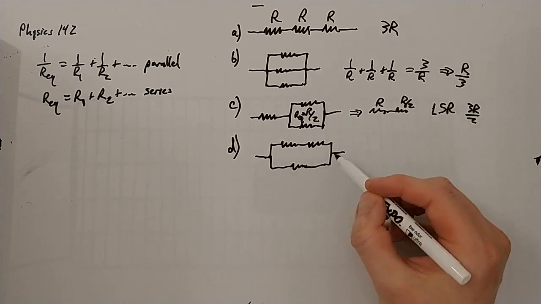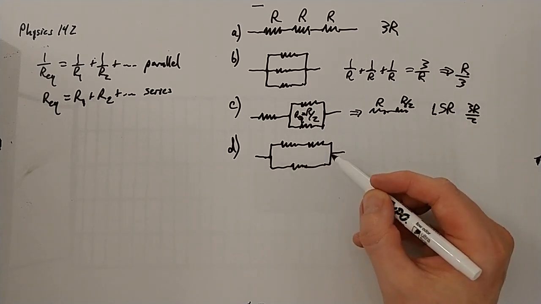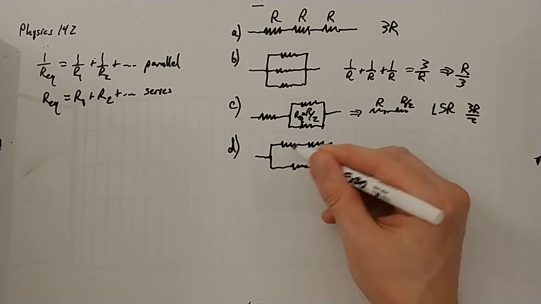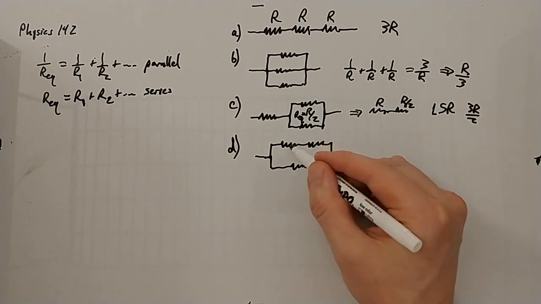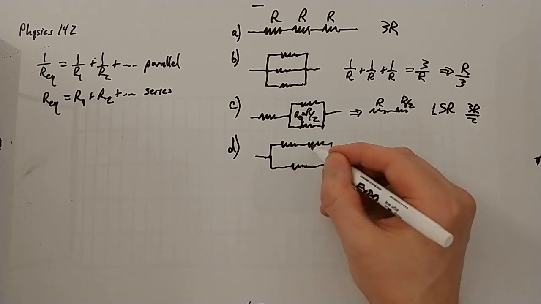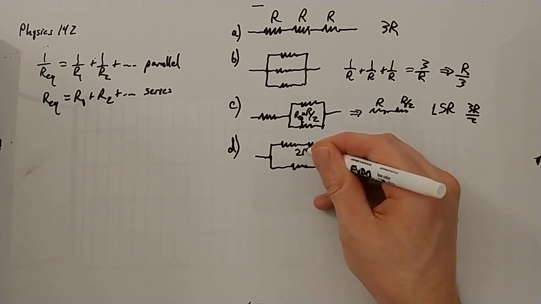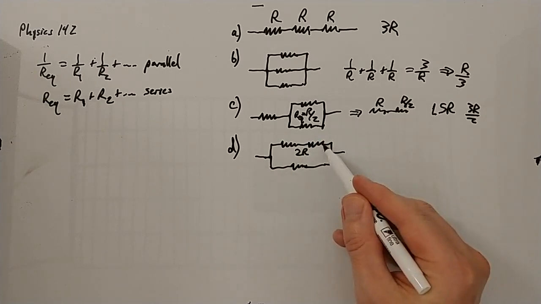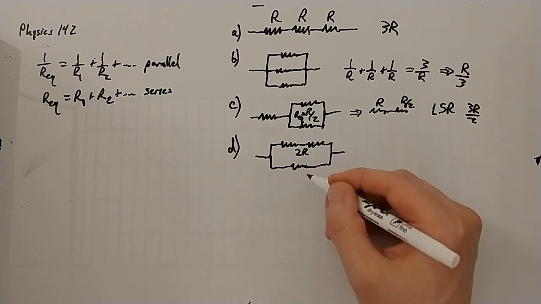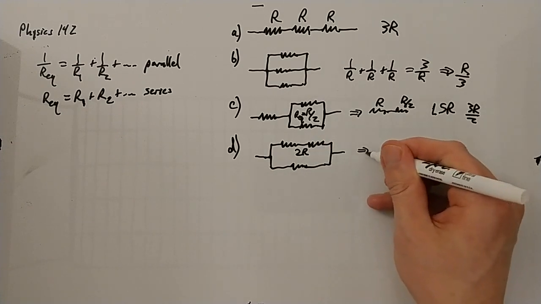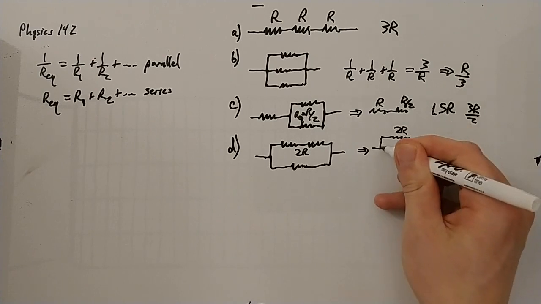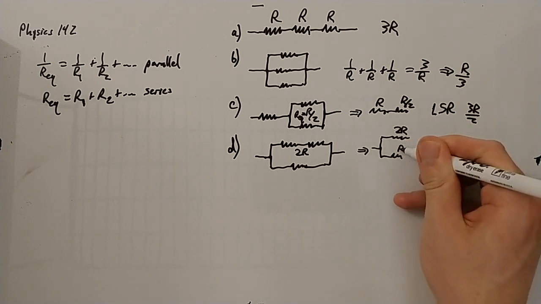All right, what about this circuit here? Well, now we have this sort of internal circuit. We need to combine these 2. They're the internal part, the smaller chunk. And these are in series, so the equivalent resistance of these 2 will be 2R. And so now this would look like a circuit that has a 2R resistor and a 1R resistor.